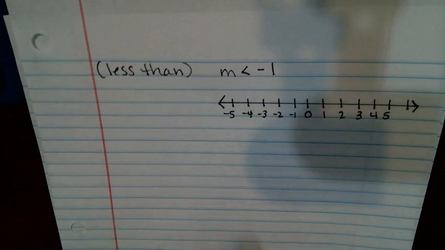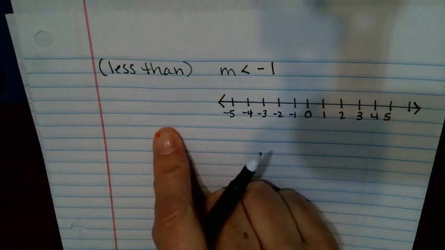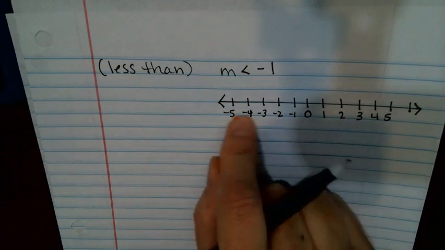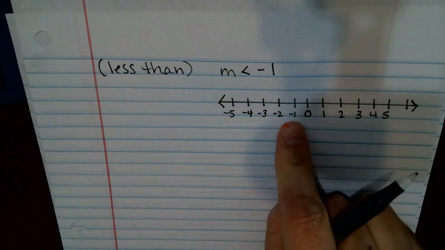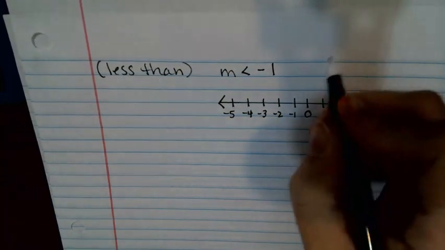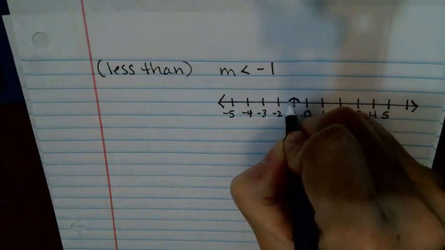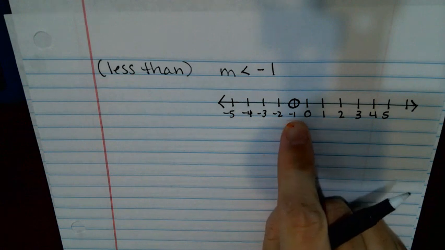All right, so remember, m is going to be anything less than -1, so to the left of -1, because all the numbers to the left are less, but it can't be -1. Okay, so I'm going to go to -1, and remember, a closed dot means it equals -1, but since it doesn't equal -1, we're going to do an open dot at -1. It says, okay, this is our special number.